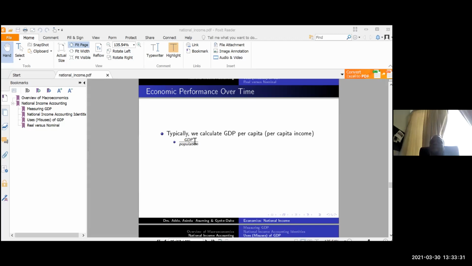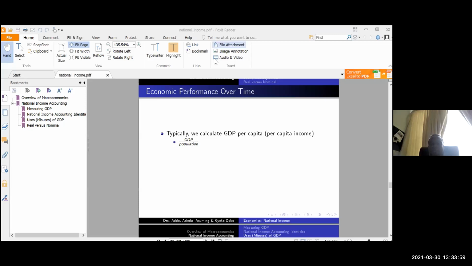It's also good for us to compare the performance across different countries. The GDP for Nigeria, for example, will be very huge. Okay. So the GDP for Nigeria will be big, but the population is also very large. I don't know the current population. I think they are almost close to 200 million, between 180 and 200 million people.